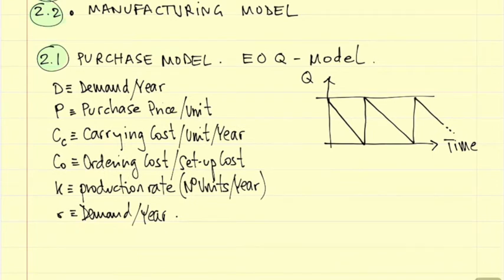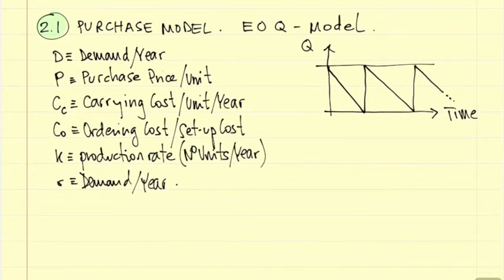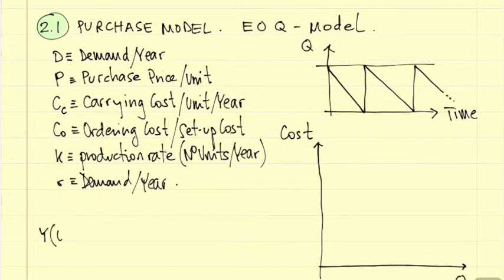So we know from before that our curve, if we paint Q, how much we order, the quantity order, and the cost, we have a Y of cost, okay, and then we say this is H. We use the holding cost.